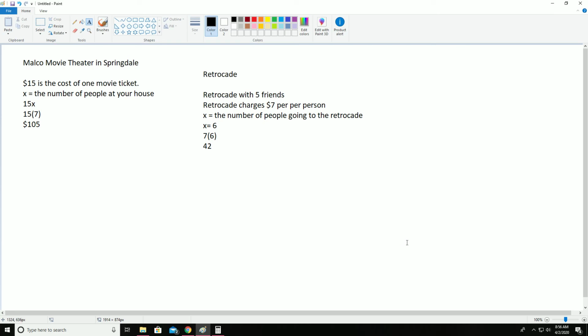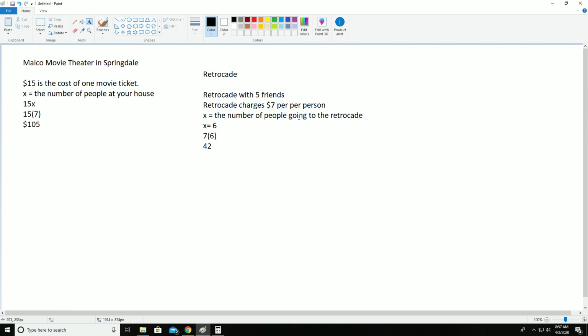I really hope this cleared some things up. Don't make it harder than it has to be. And the activity says that you can look on the internet to find prices. You can even make them up like I just did. I'm just guesstimating because I've been to the movies and they cost about $15 for a ticket if you go in the evening and it's not a matinee. And for the Retrocade, I've been there. I know it's more than 5 but less than 10, and I think it's about $7 to $8. So I just said $7.